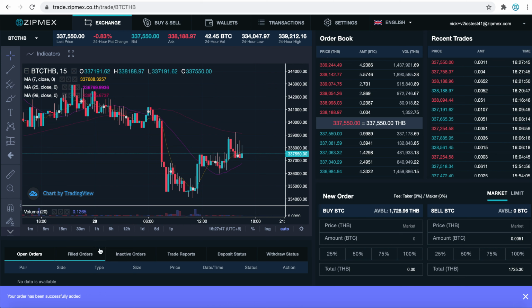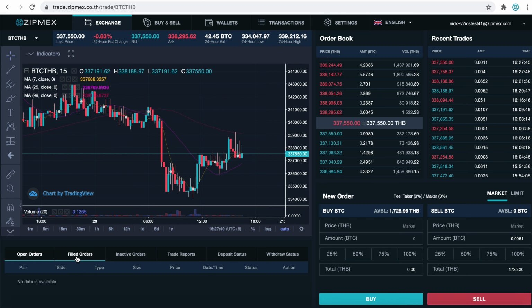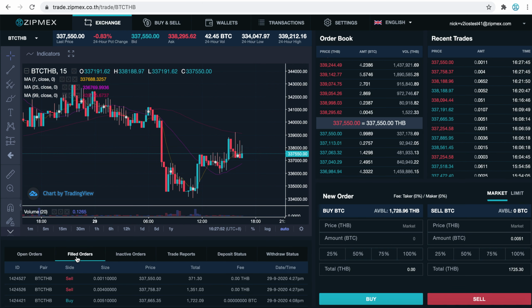And it's executed immediately. You can go over to the filled orders tab and see your executed order. So you sold Bitcoin 0.004 plus 0.0011, which is equivalent to 0.0051. And this is the amount of Thai baht that you get. Okay, so let me do a market buy right now.